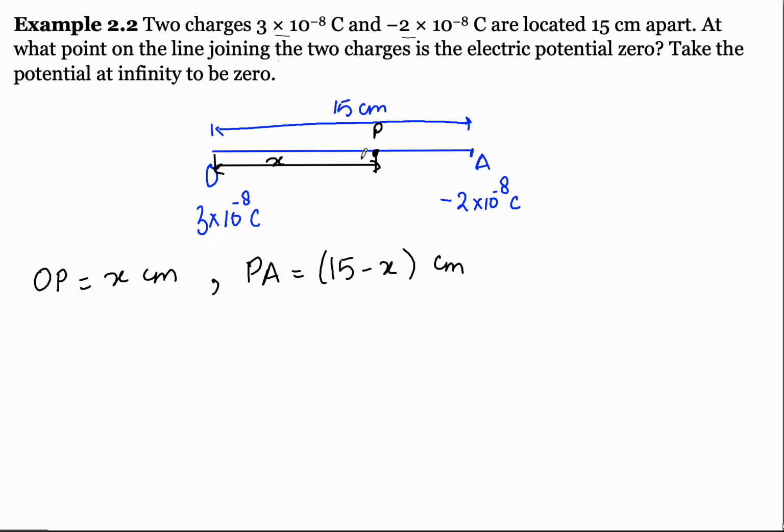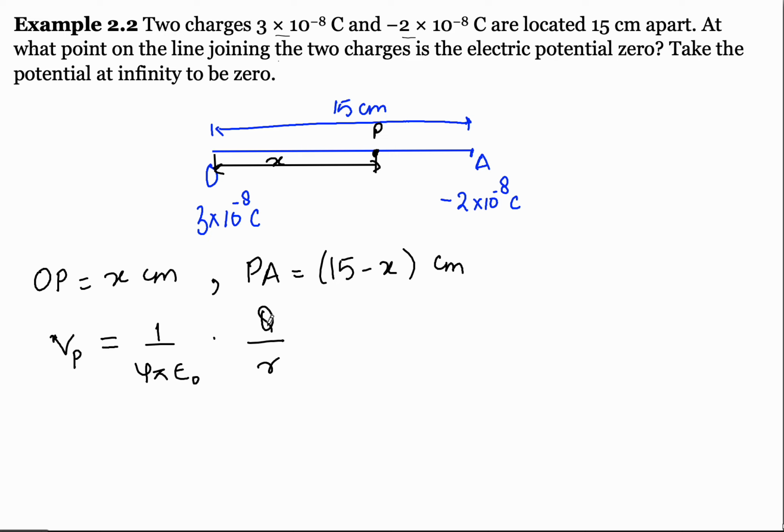Now let's start solving this question. Let's say the potential at point P. I'm going to denote potential with capital V, and I'll write it as potential at point P. We know the formula, it is 1 by 4 pi epsilon naught into Q divided by R, isn't it?